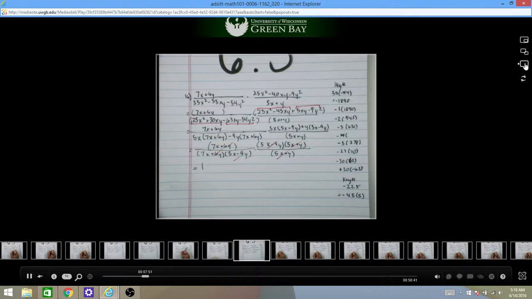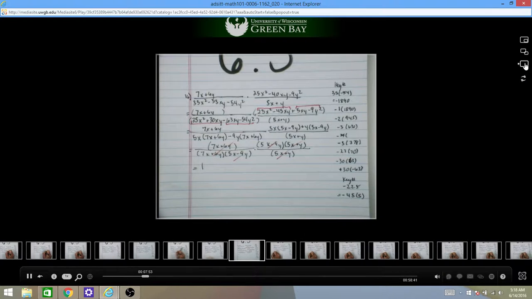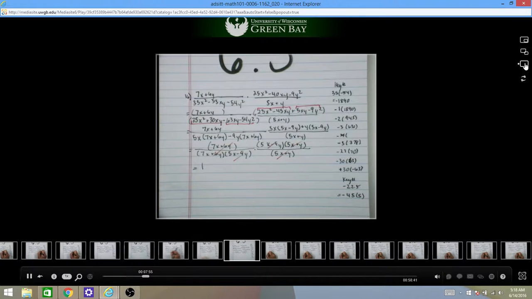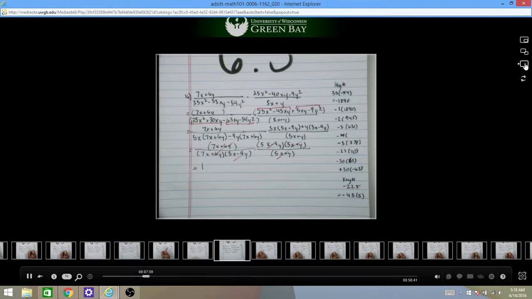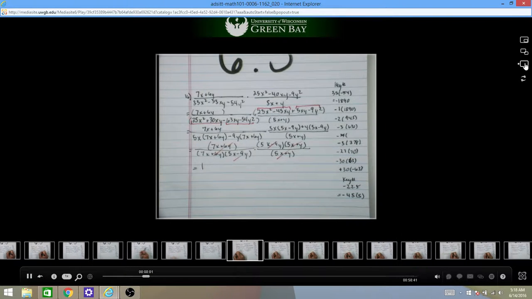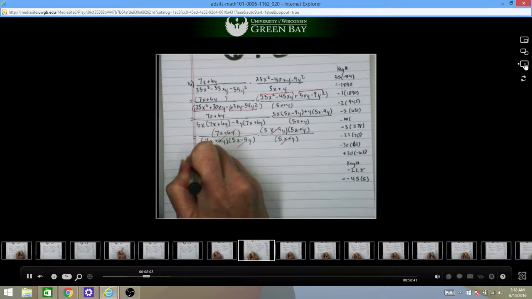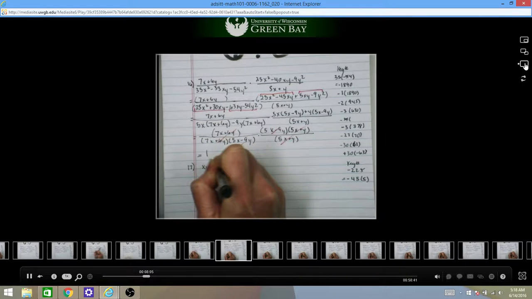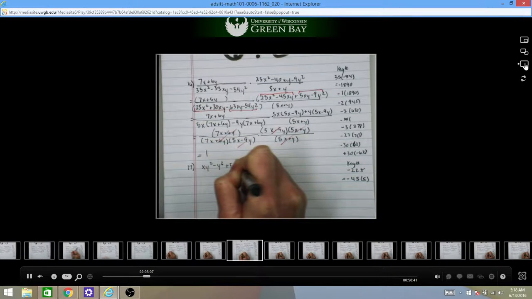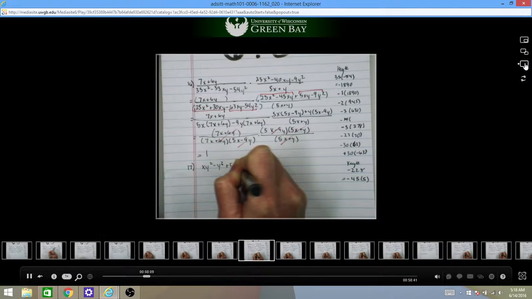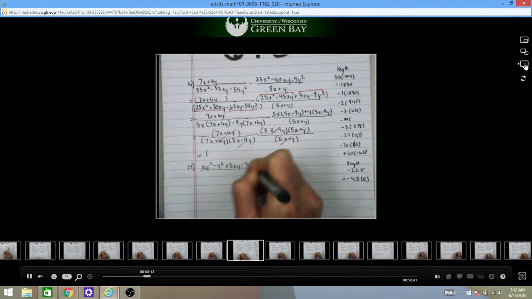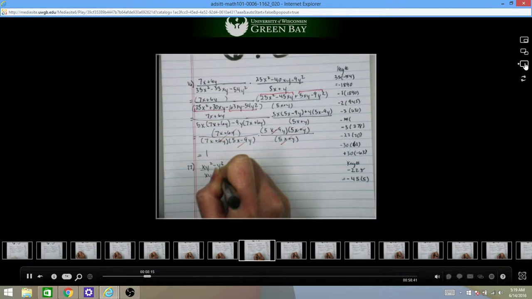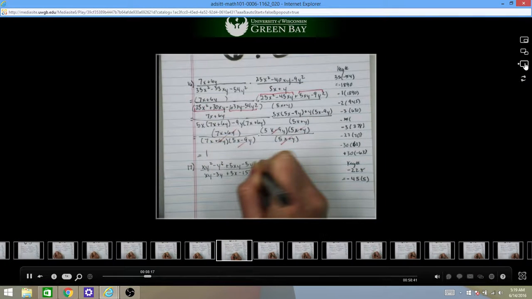factoring. The next one, I think, is already set up for factoring by grouping. So the next one, number 17, is easier to factor by grouping because it already has 4 terms.